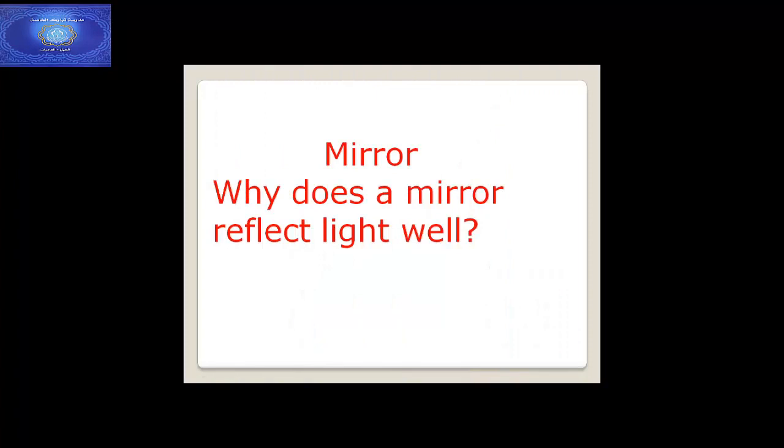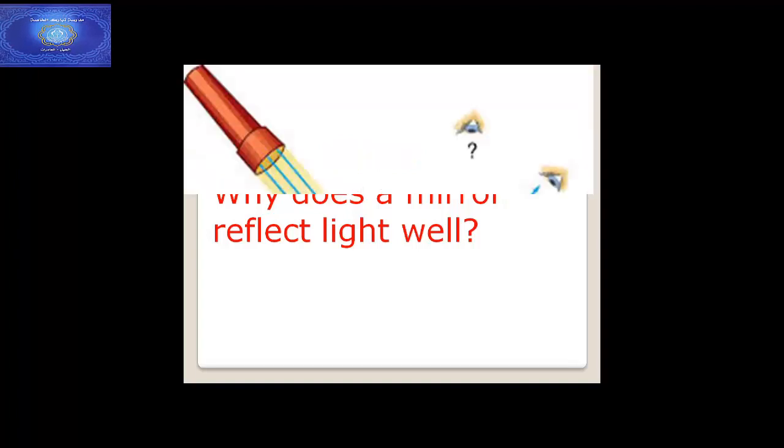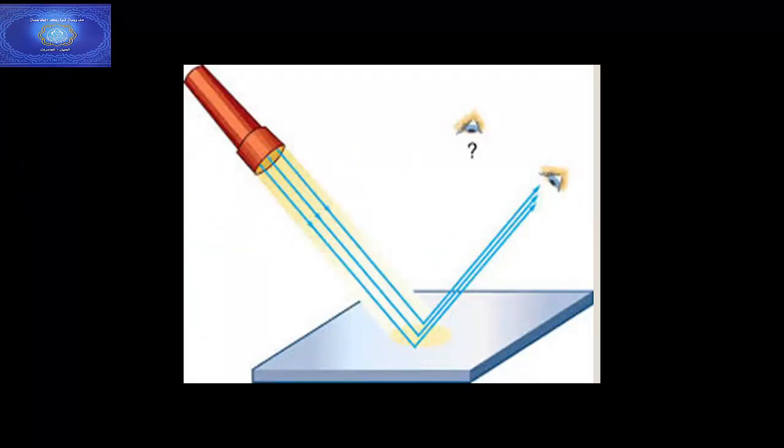Now we will speak about the mirror. Why does a mirror reflect light? Well, we have many surfaces. Some surfaces reflect light, other surfaces don't reflect light. But a mirror reflects light well. Here we have a mirror.